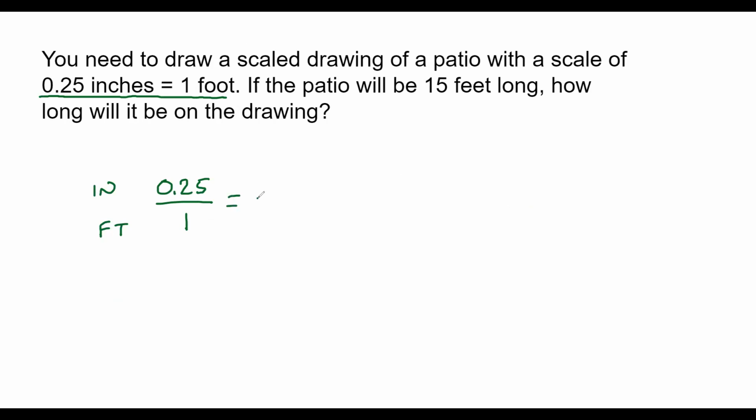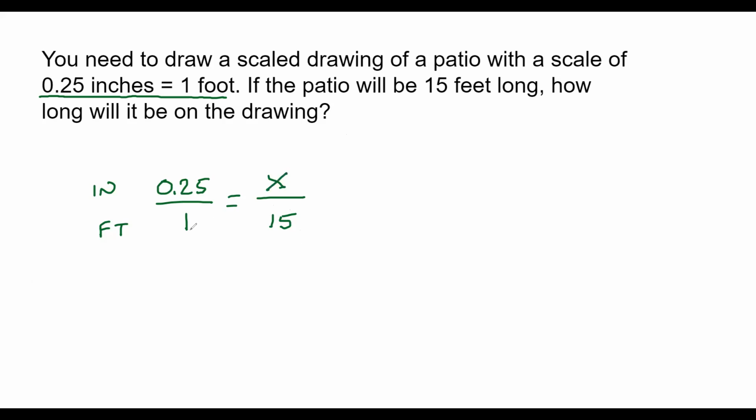We set up the other side. If the patio will be 15 feet long, how long will it be on the drawing? So we know the number of feet. What we don't know is the number of inches on the drawing.